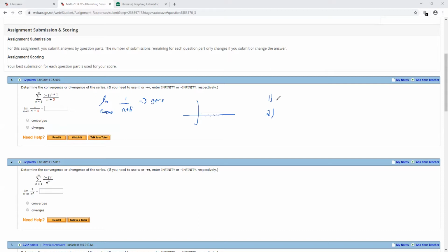And it will converge if the 2 conditions are met. What's the first condition? The limit is the first step. The limit of the individual terms of the sequence converges to 0. And we do know they do. These terms, even though they're alternating, do get closer and closer to 0.